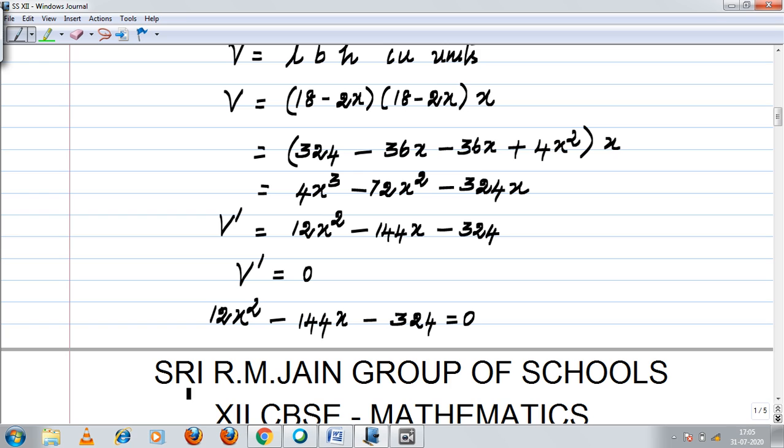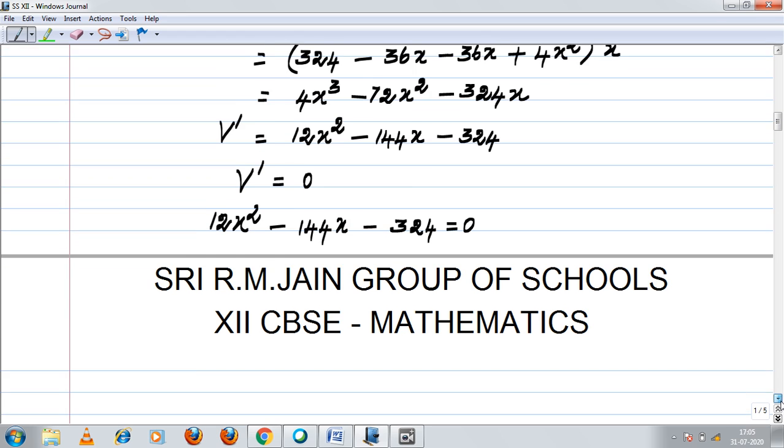Here 12 is common, you have to take it outside, then only it is easy to factorize, right children?